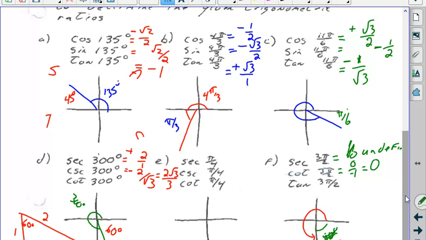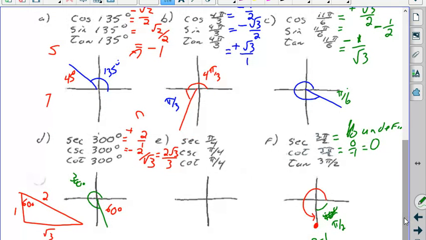We do have a cotangent value for that. I'm going, oh, for Pete's sakes. Think about this being your adjacent, that being your opposite. And then for tangent, we would have -1 divided by 0. Again, we have your undefined.